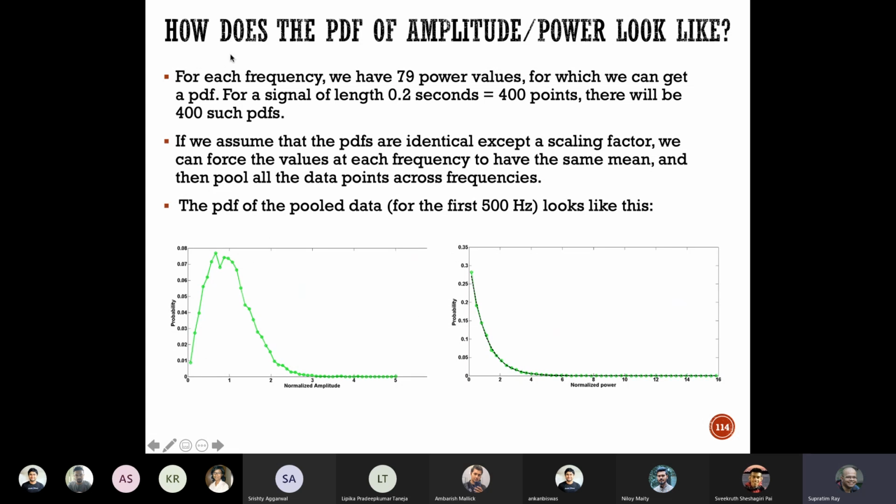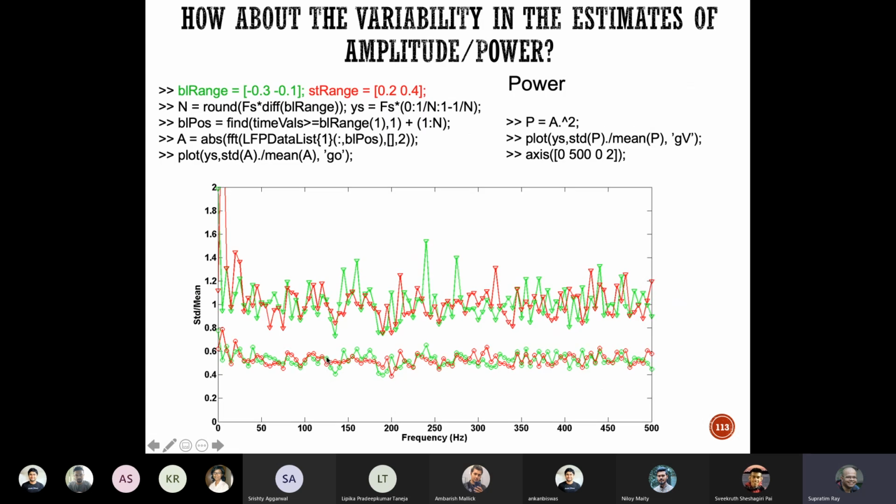So what I'm plotting here is as follows. For each frequency, we have 79 power values, right? There are 79 trials here, or 76, I forgot. I think this is a different data set, so it's 76 or 79 trials. So at each frequency, it is the mean across 79 trials, and standard deviation across 79 trials divided by mean.